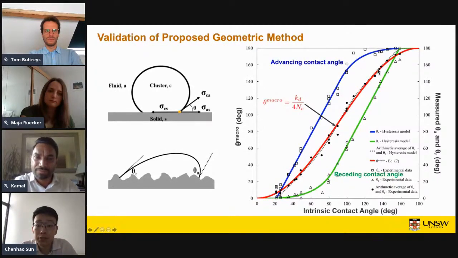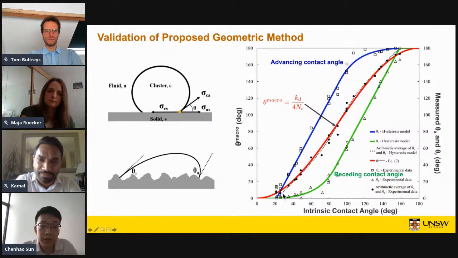So this figure shows the strong agreement between the macroscopic contact angle, which is this red line, and the average of advancing and receding contact angle for both the experimental data, which is this black dot, and the hysteresis model, which is the gray dotted line.